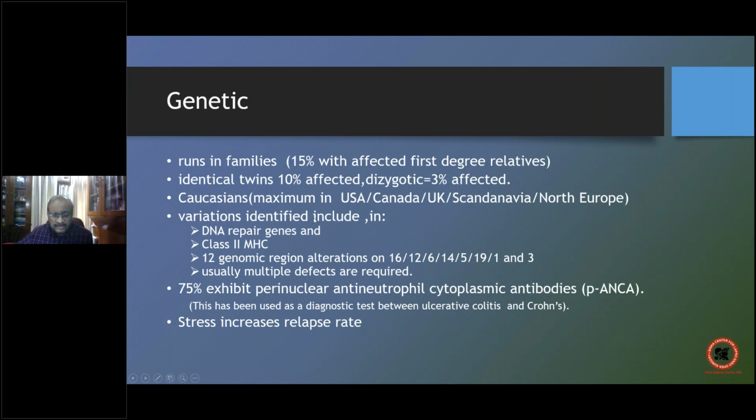Variations identified include those in DNA repair genes, class 2 major histocompatibility complexes, and 12 genomic regions with alterations, listed here, and usually multiple defects are required to produce a genetic-based ulcerative colitis. 75% exhibit perinuclear anti-neutrophil cytoplasmic antibody, we just talked about that, and stress increases the relapse rate.